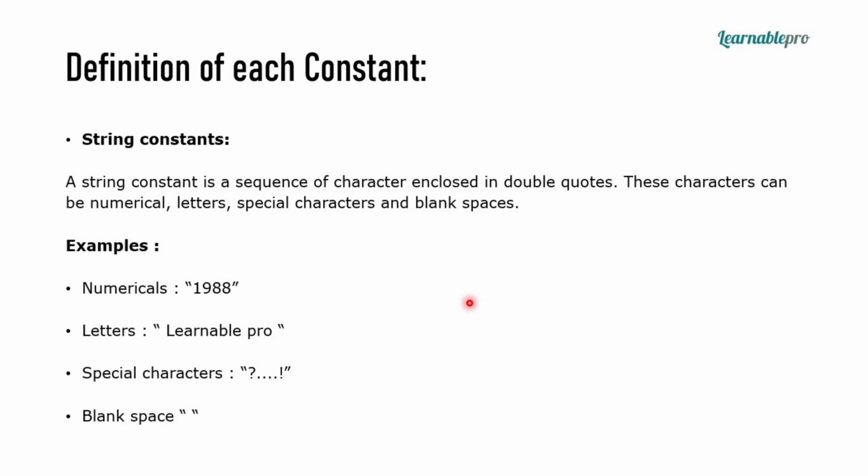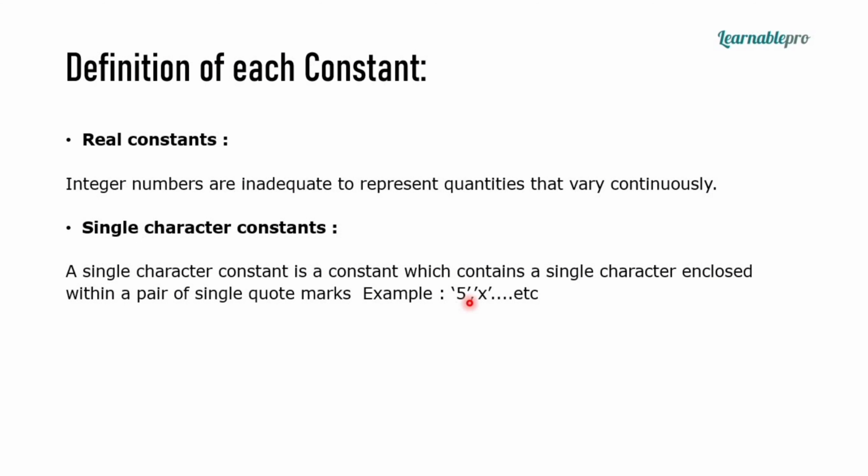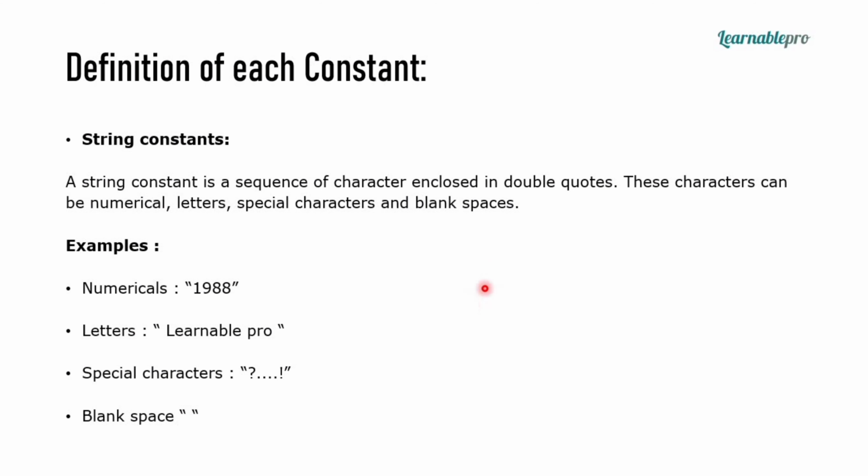Now, a string constant. A string constant is a sequence of characters enclosed in double quotes. These characters can be numerals, letters, special characters, and also blank spaces.